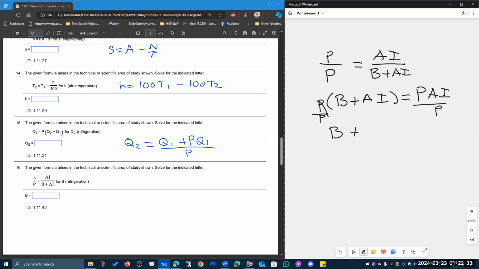B plus AI equals big P, big A, big I divided by little p.